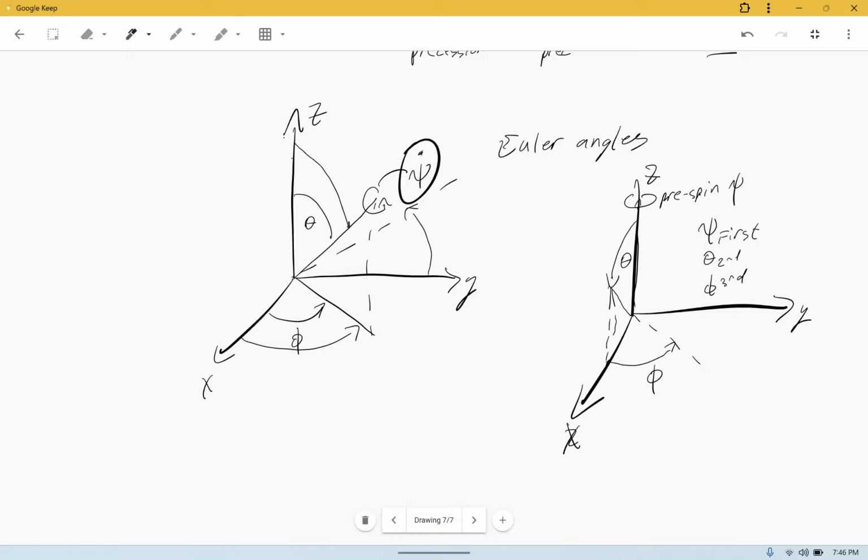When you learn this stuff, you're told to do phi first, theta second, psi last, which is fine. They're both equivalent. But if you're trying to mathematically do it and you're using an x, y, z coordinate system, oh my God, is this easier? Because this is about z that never changes. This is about y, and this is about, like it spins around, z again.